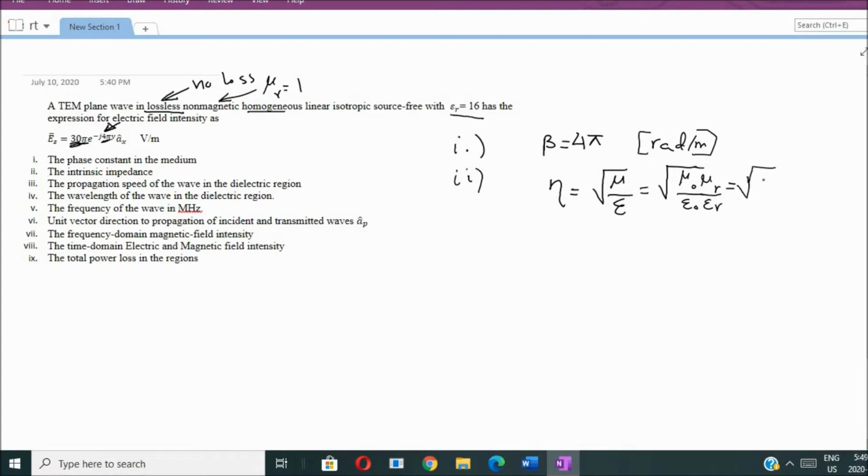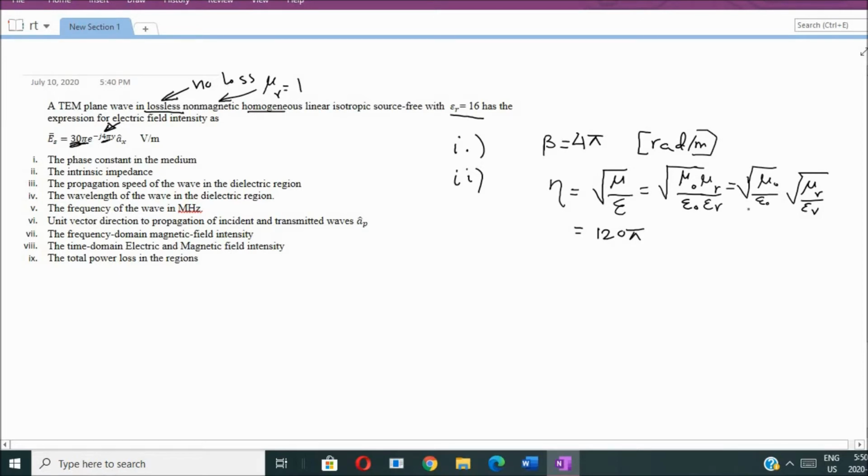If I separate the mu naught over epsilon naught and the mu r over epsilon r, the square root of mu naught over epsilon naught is about 377. I recommend you know this number.